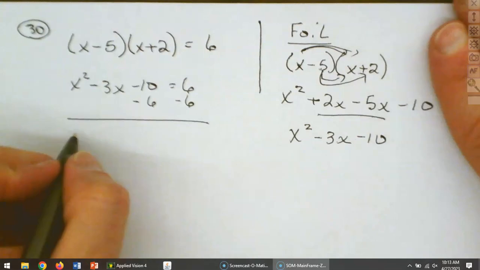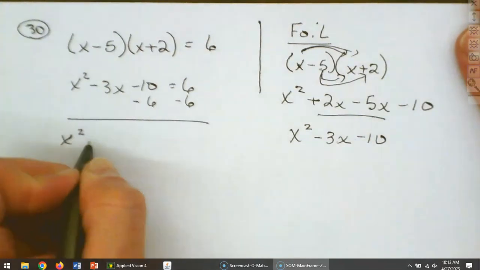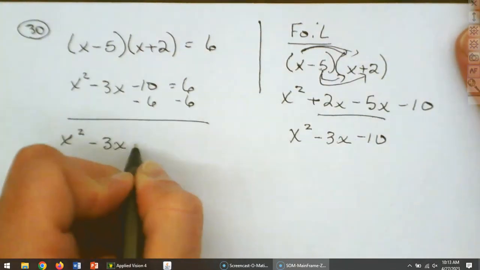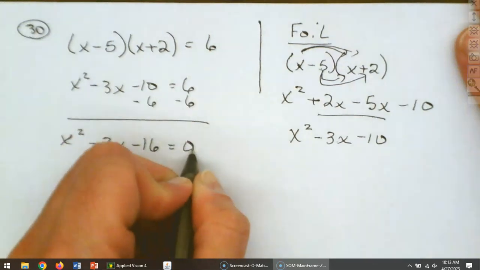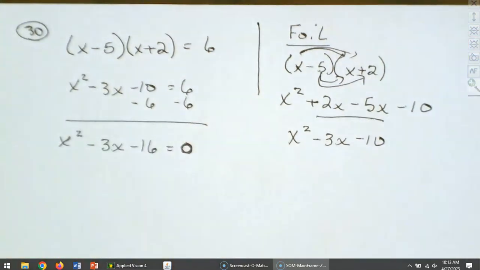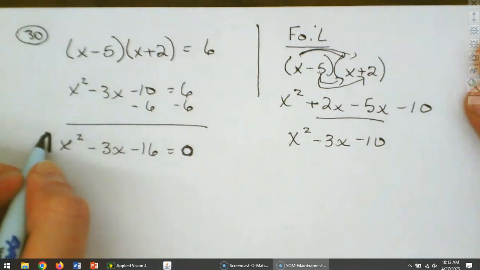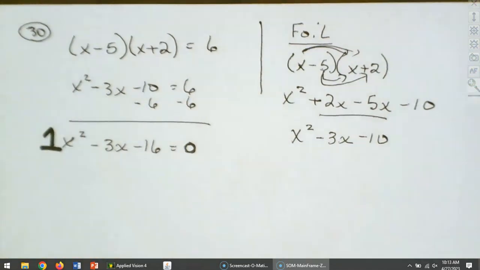Moving that over, we get x squared minus 3x minus 16 equals 0. And if there is no number in front of the x squared, we put a 1 there. So there is no number in front of the x squared, so we put a 1.